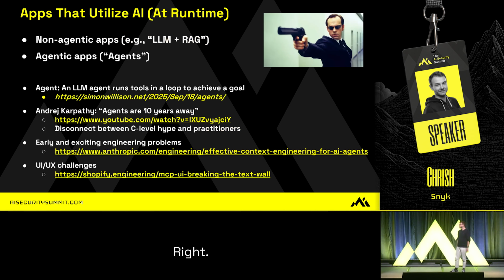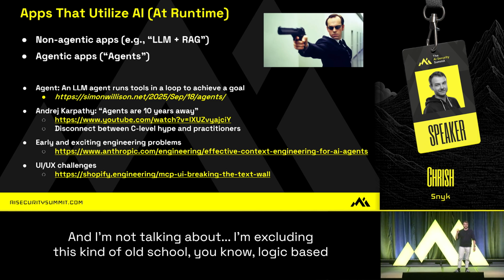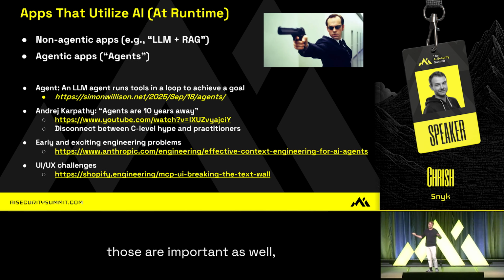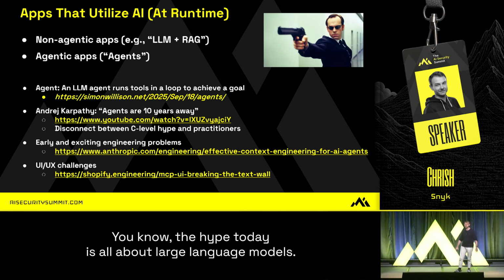So when I think about AI native applications, I think there are two types, at least in my head. I'm excluding old school, logic-based or machine learning-based applications. Those are important as well, but that's not where the hype is today. The hype today is all about large language models, right?